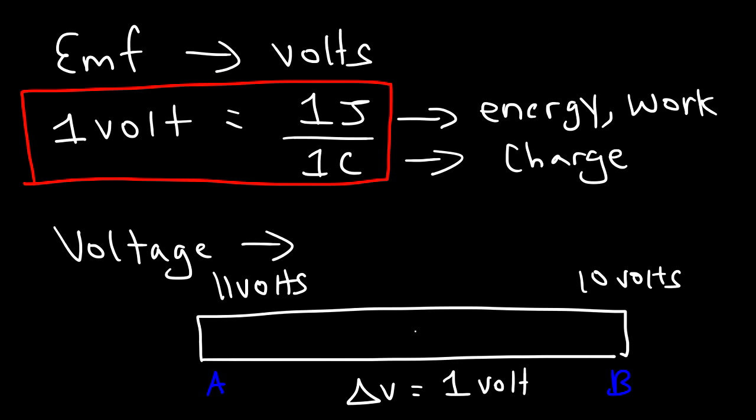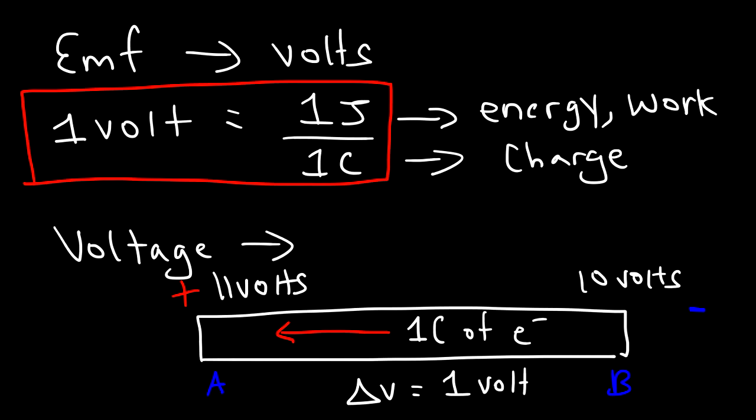So if we have 1 coulomb of charge, so 1 coulomb of electrons, they're going to flow from a low potential to a high potential. So this would be positively charged because it exists at a high potential, and relative to the other one, this is negatively charged. So electrons will flow towards the higher potential, towards the positive terminal.